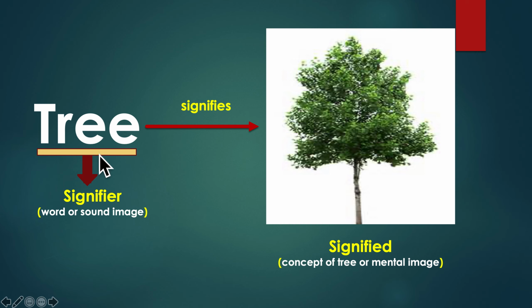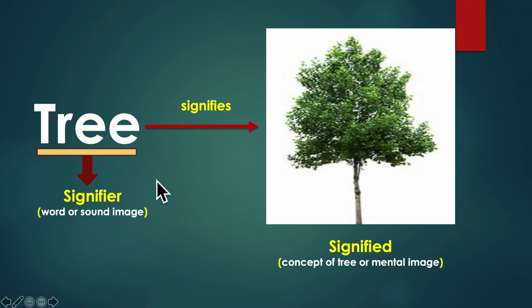So this is signifier. The moment I say tree, this word in the form of a certain sound goes to your ear, and you try to formulate an image of something that it signifies. This is the image. Concept of tree or mental image, signified.